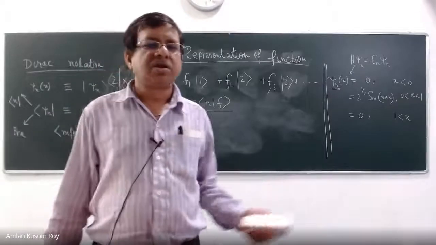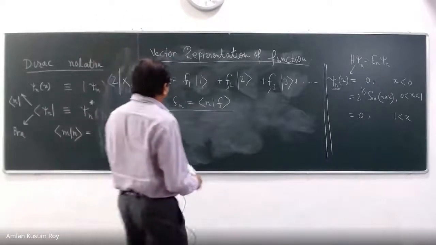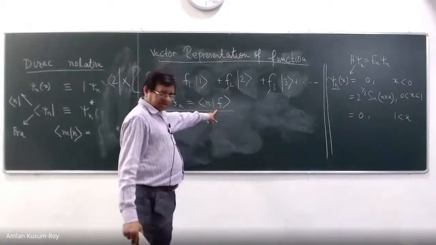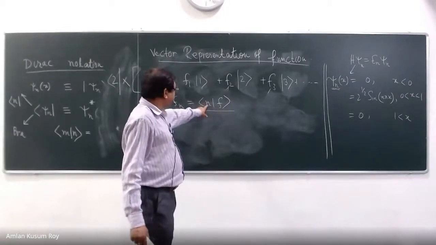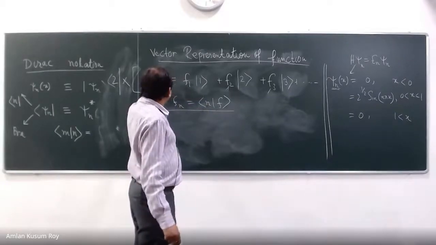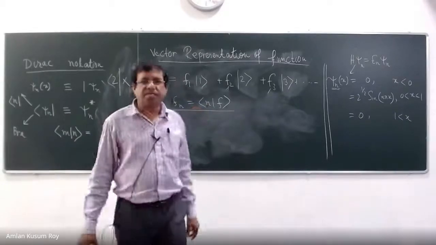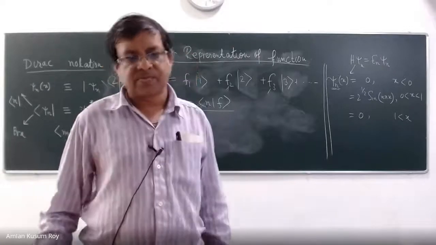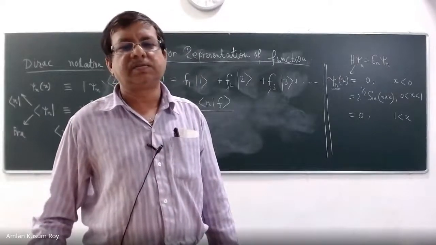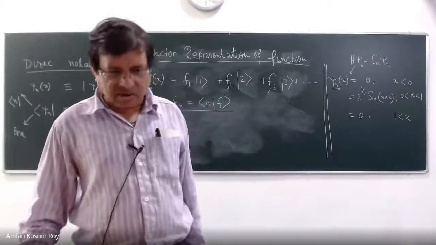Okay, very simple. So if I tell you what is my basis, psi n, I can find out any function through the fn's. Do you understand that? You have understood all this, but do you understand the implication?